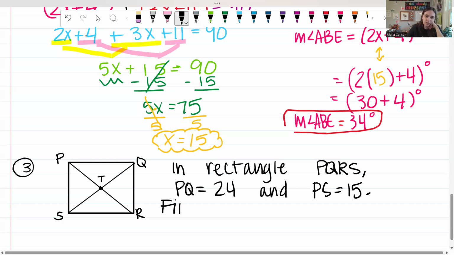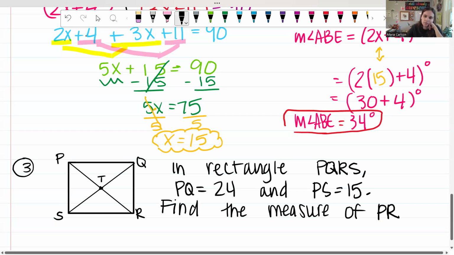Find the measure of segment PR to the nearest tenth.